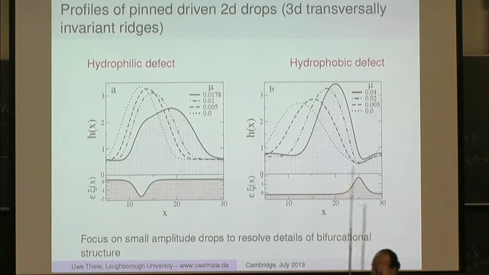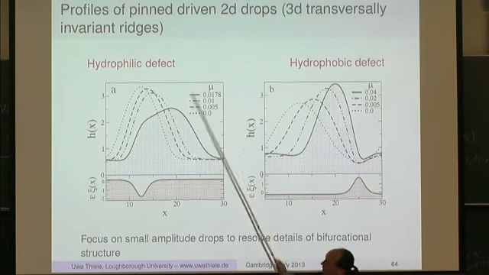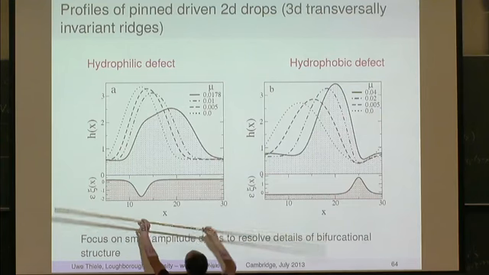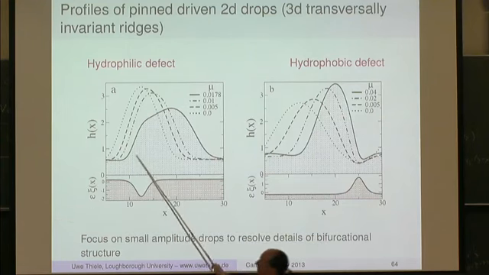Now, typical results for rather tiny droplets, but here we can see the bifurcation diagrams nicer. So what we have here is a hydrophilic defect. Here's a hydrophobic defect. So this one keeps the droplet at the back if I incline in this direction. So this wants to keep the tail of the droplet, and this one wants to block the front of the droplet. Right?